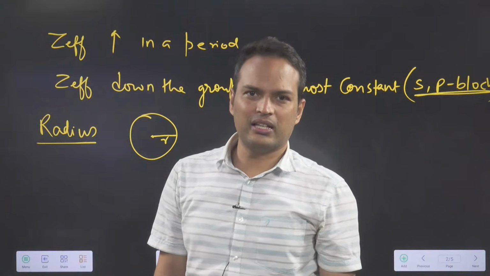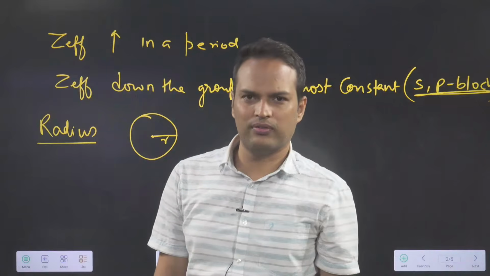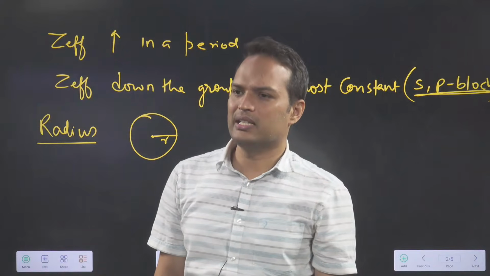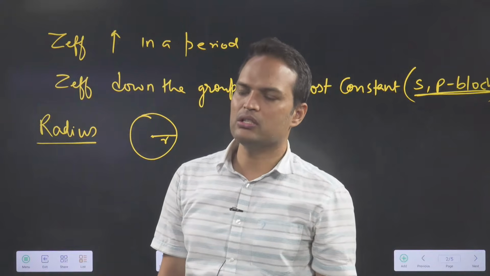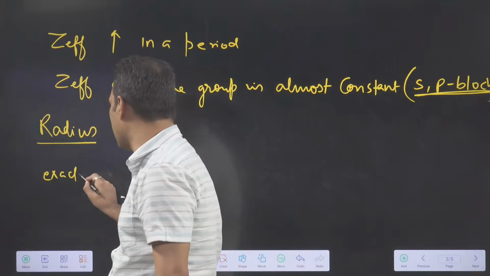Then the second point is that it is not like a big ball you can see. It is very small, not visible even with the naked eye. So radius calculation is not that easy. They say that exact radius cannot be measured.